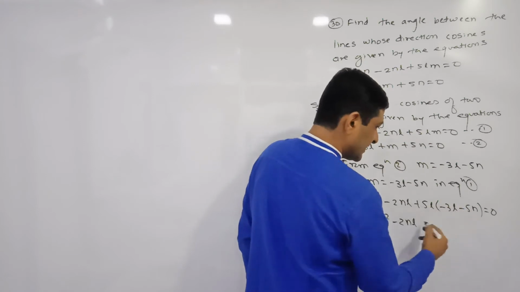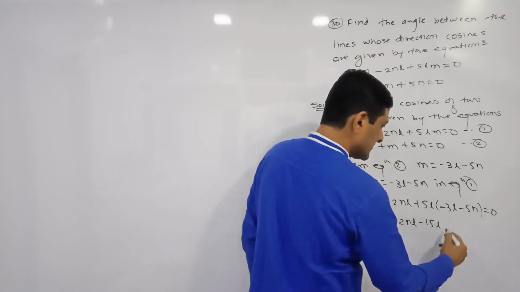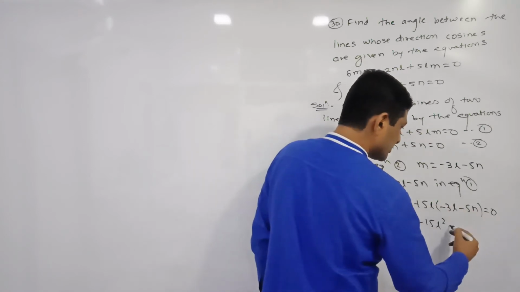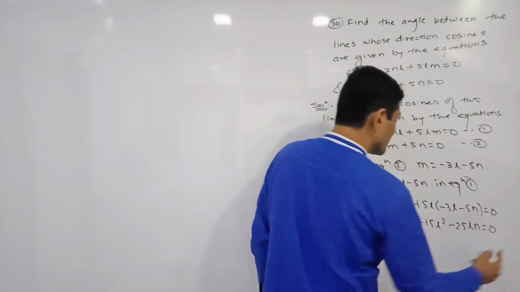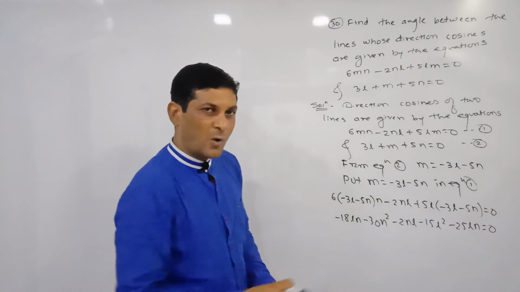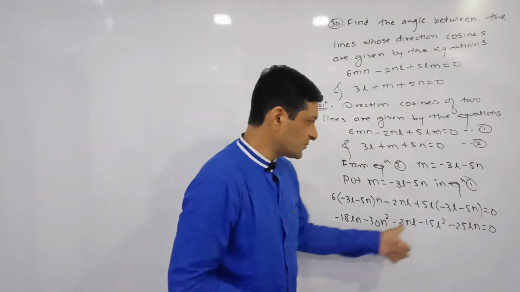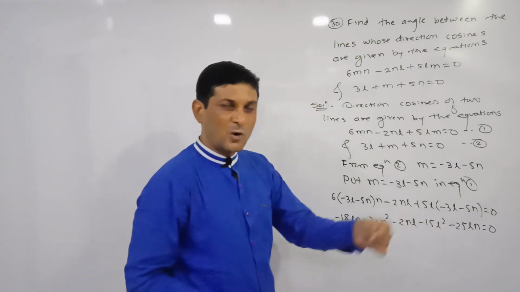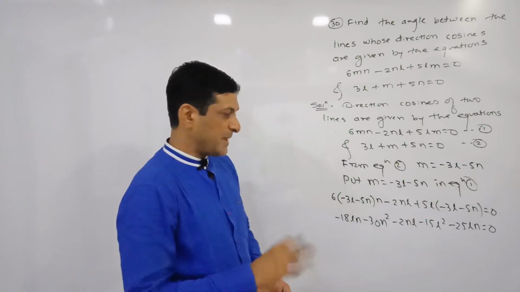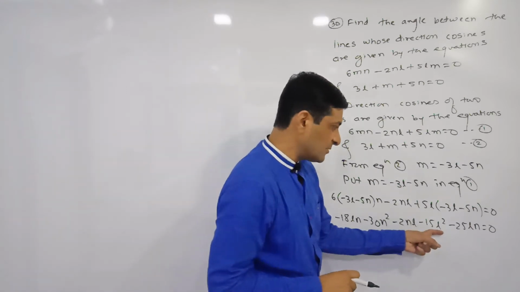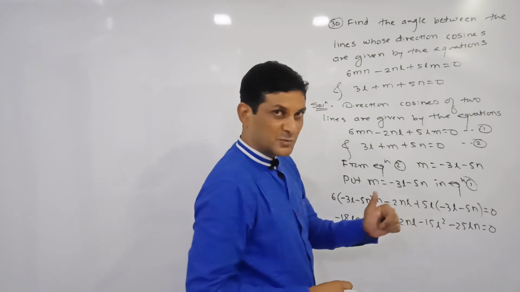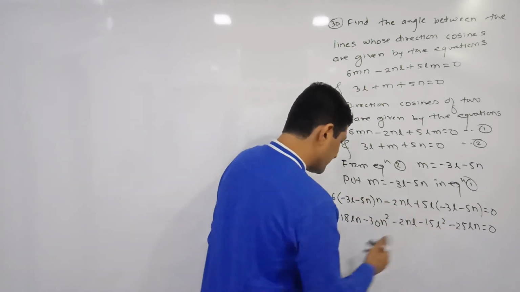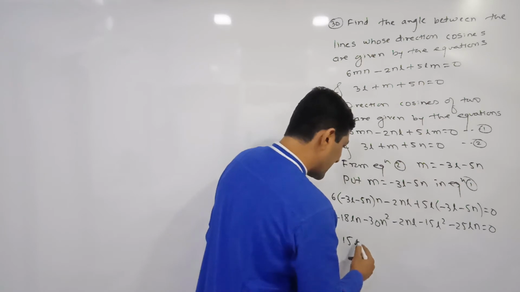Here this multiplication is minus 15L square, and here minus 25LN. On this side 0. If you observe, all the terms in this equation are negative, so I am multiplying both sides by minus. First write down the term of L square; if I multiply by minus, all the terms become positive. So here we get 15L square.